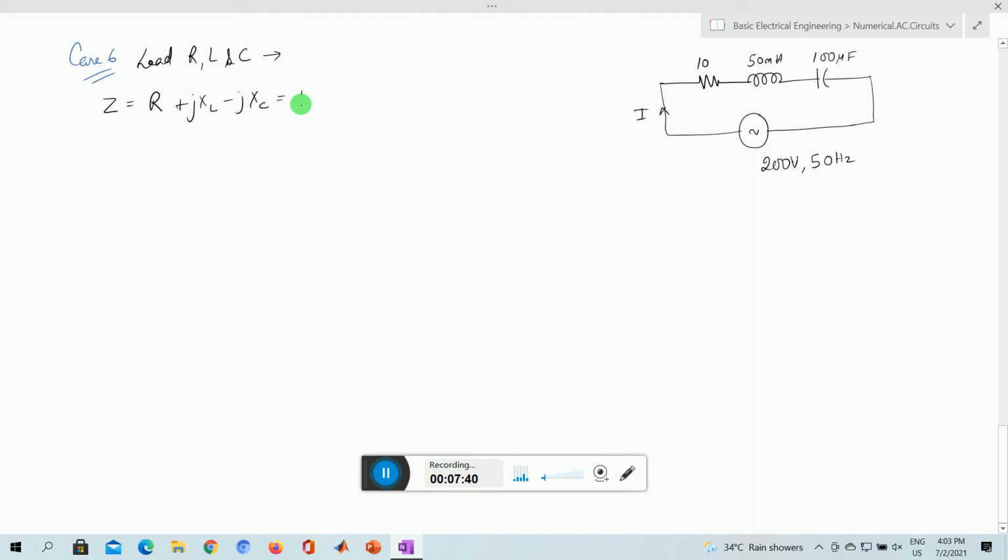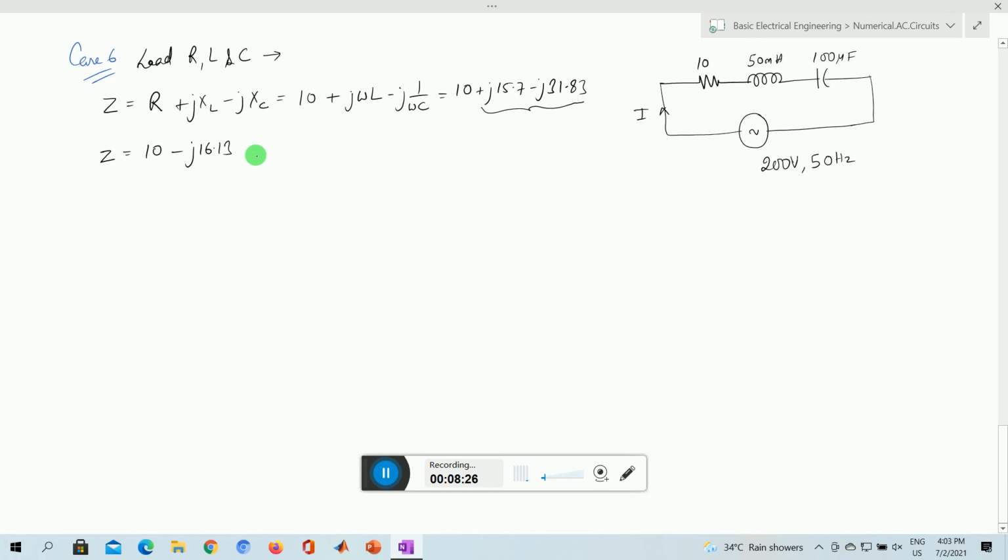Now we put the values: 10 plus j times omega L minus j times 1 by omega C. We have already calculated these values: j times 15.7 minus j times 31.83. What we observe here are two imaginary values. We can subtract them, and after subtraction we get Z as 10 minus j 16.13.